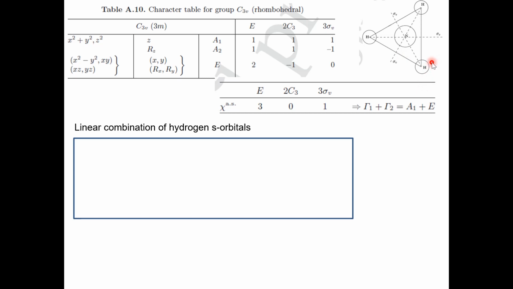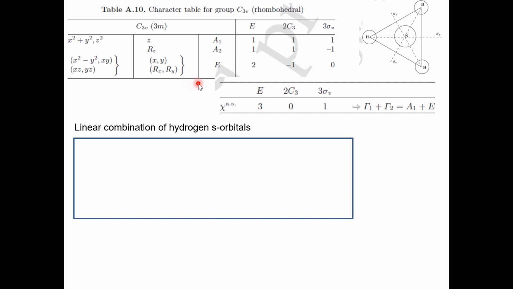This is just a projection, because the nitrogen is out of plane, so you have to remember that. And that's the reason why you have only C3v symmetries. The only symmetries you have are the identity, the 2 C3 operations, and the 3 sigma v reflection operations. And this is the well-known character table of the C3v group.